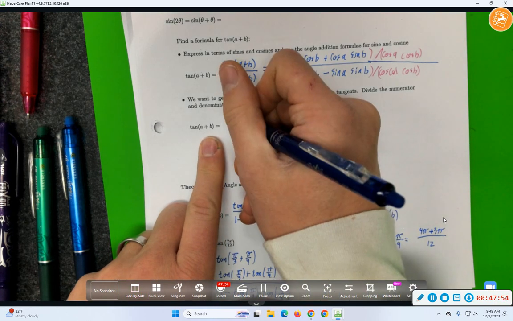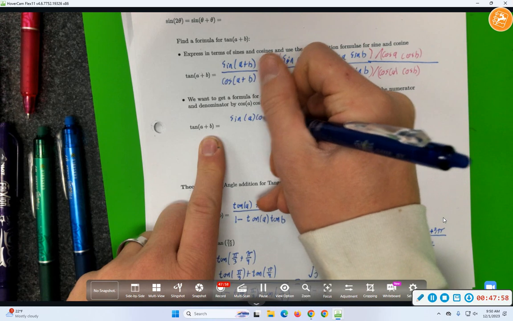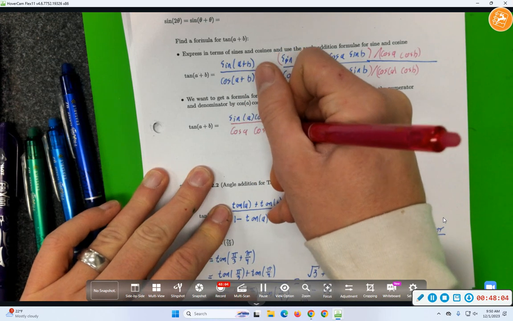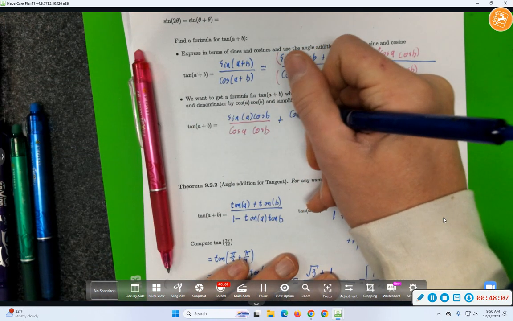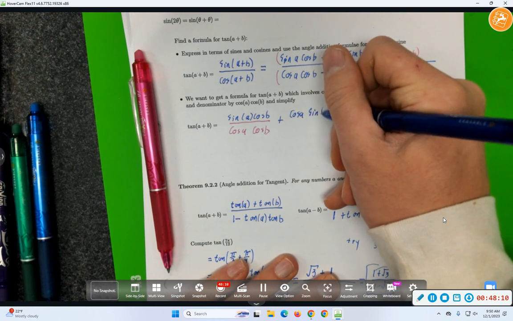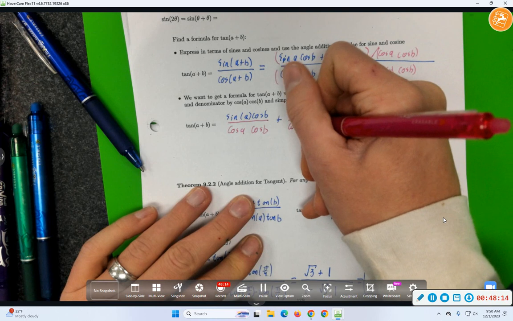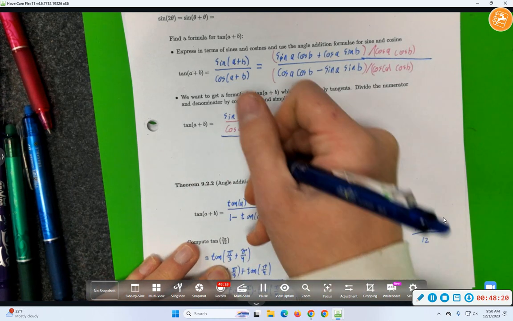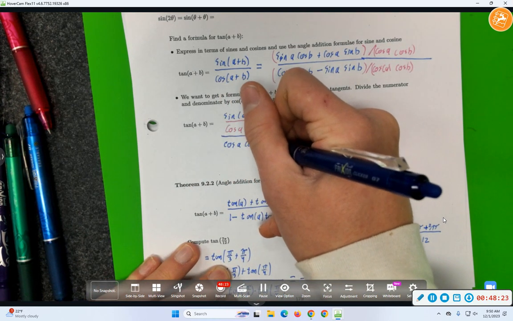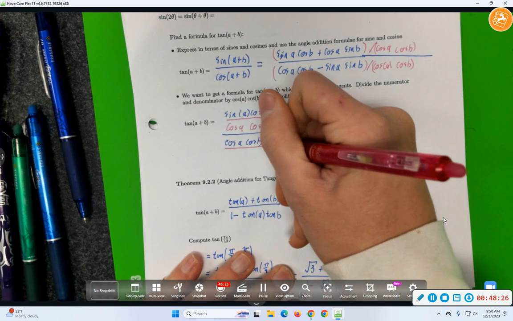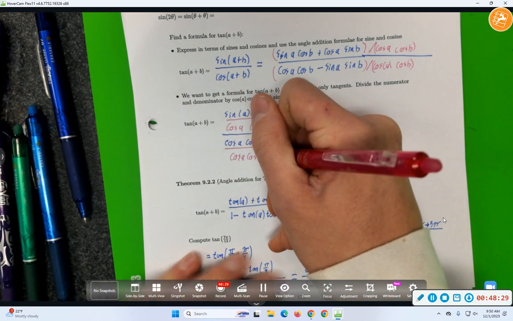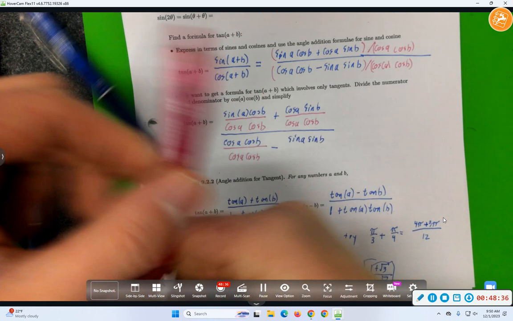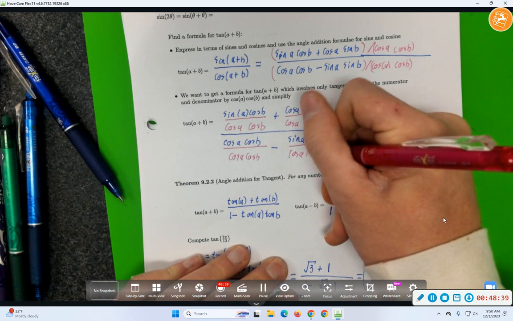Tangent of a plus b is then sine of a cosine b divided by cosine a cosine b, plus cosine a sine b divided by cosine a cosine b, all over cosine a cosine b divided by cosine a cosine b, minus sine a sine b all over cosine a cosine b.